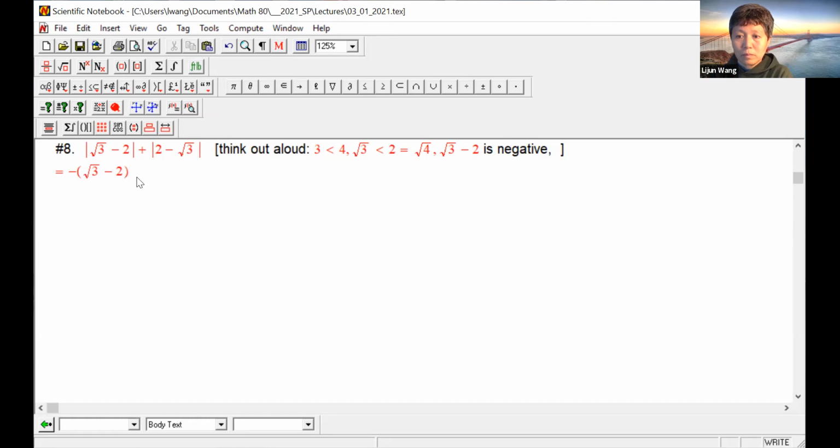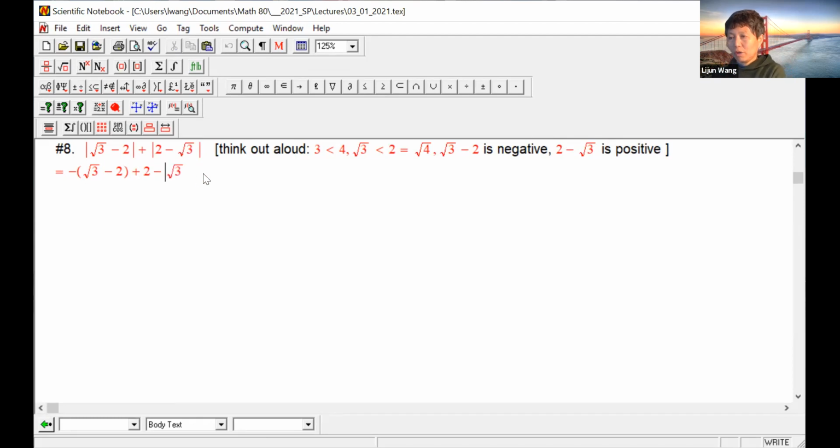That's the idea. If root 3 is less than 2, 2 is larger than root 3. Therefore, 2 minus root 3 is positive, right? The absolute value of a positive number is the same number. So on the second part, the absolute value of 2 minus root 3 is going to be the same as the number.